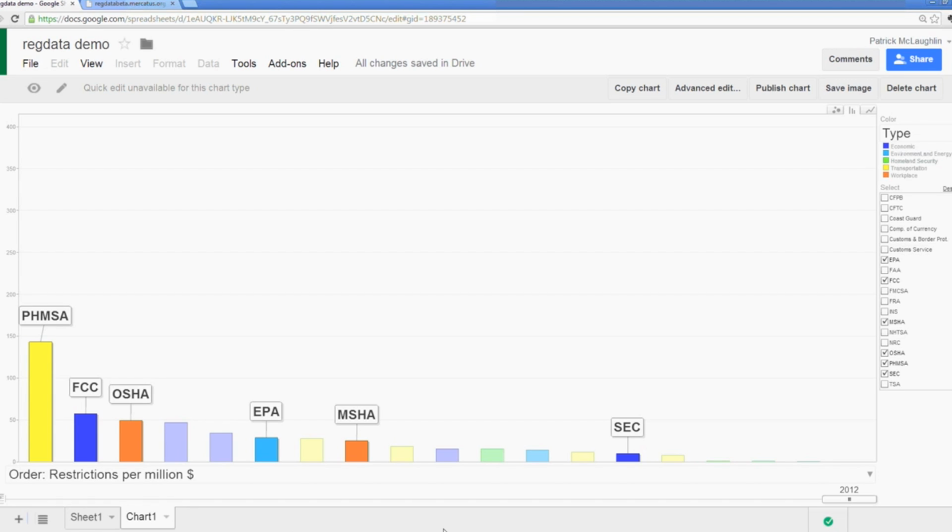Now you can also download the data and do things like look at which industries are mentioned the most. Now this isn't necessarily the most regulated industries, although it may be, but you have to keep in mind that when an industry is mentioned in regulation, it could be an exemption. It could be a carve-out.